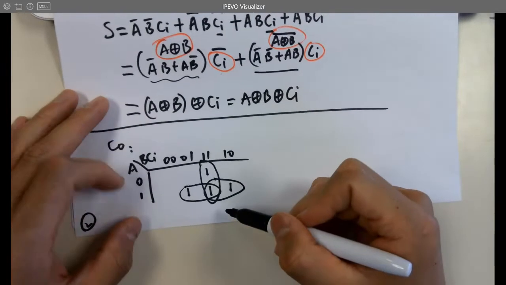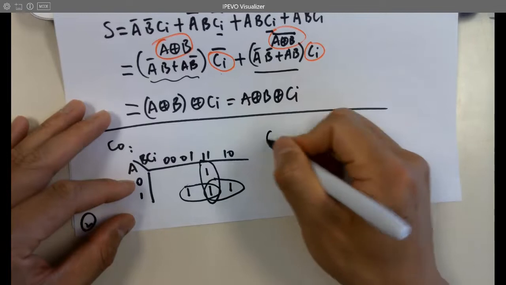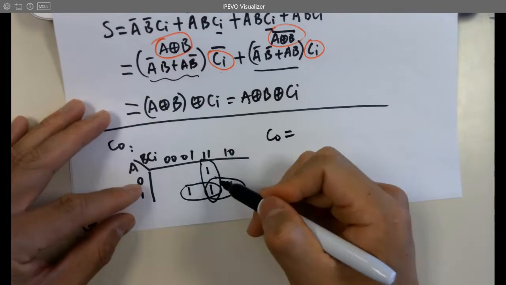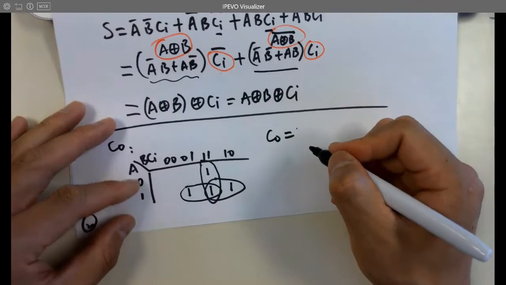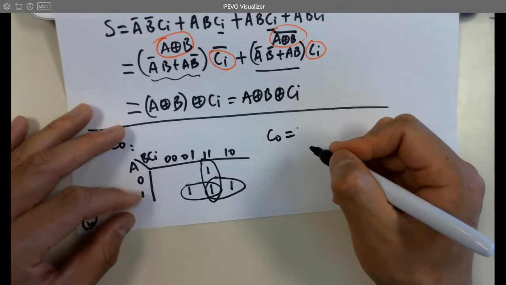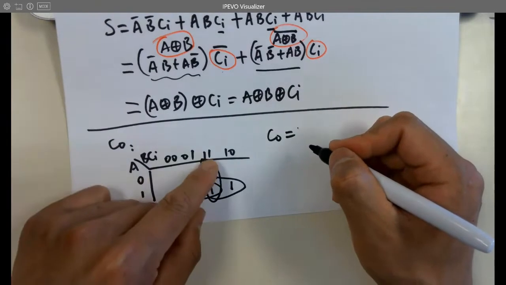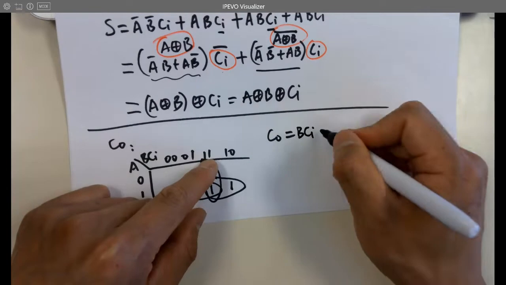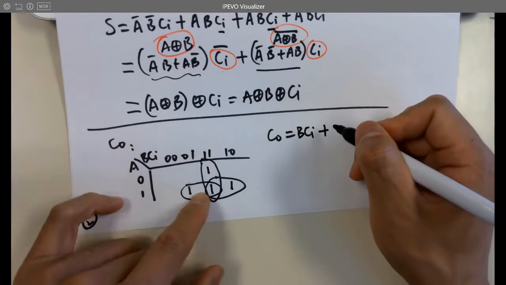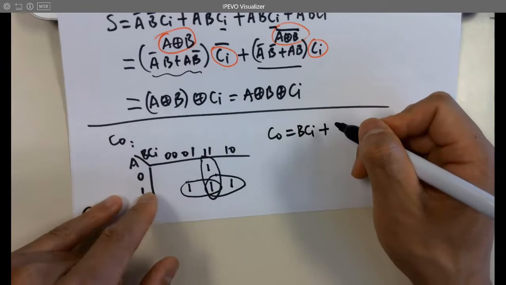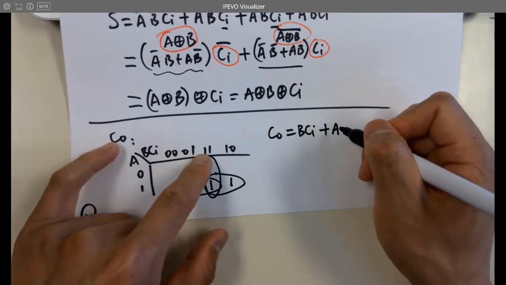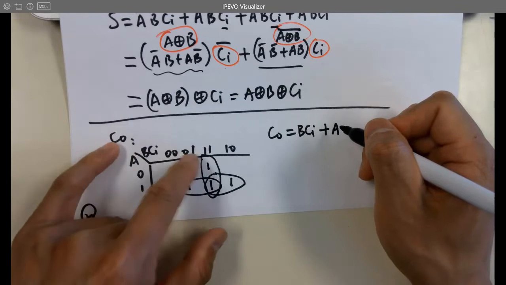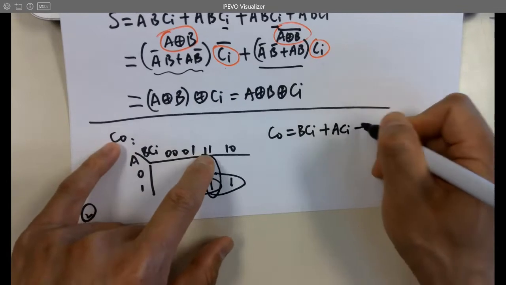Okay. So let's look at this one first. So CO equals BCI. So this bit is being flipped. That's why you can cancel it. So I'm looking at these two, and these two are getting you A first, and then see which one is being flipped. So just cancel it. B is being flipped. So I only have CI left.